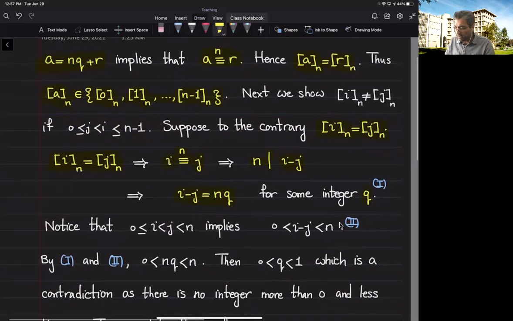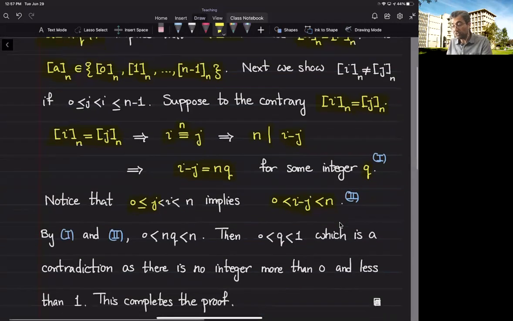But moreover, here I'm assuming that i is more than j, and therefore the difference i minus j is a positive integer, and because j is also non-negative, i minus j is also strictly less than n.